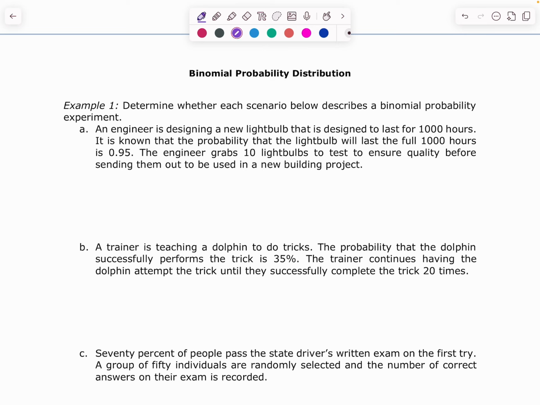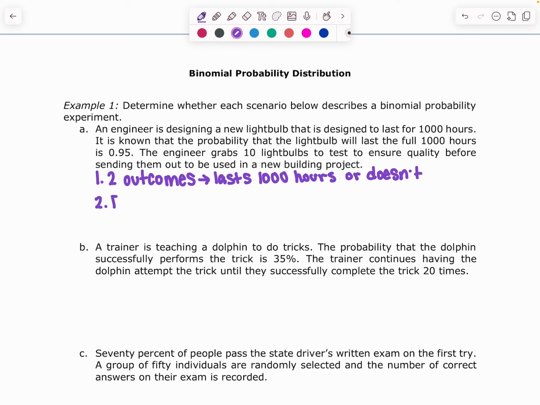So if I start looking at my requirements, the first requirement is that I have two outcomes. And I do. Either the light bulb lasts the stated 1,000 hours, or it doesn't, and the light burns out early.